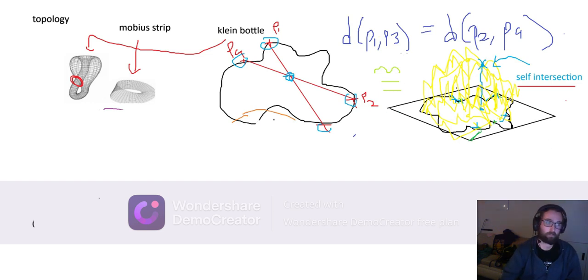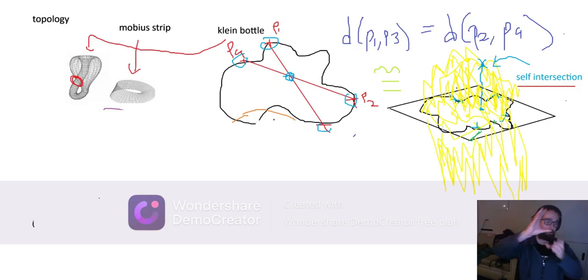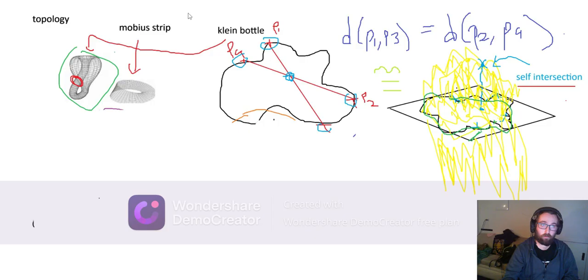So let's take this yellow shape and let's reflect it and put a negative yellow shape underneath it. I've just taken a shape and I've doubled it and put it underneath, and I've glued them together at its one big edge. So now if I do the same thing for a mobius strip, I get a Klein bottle. So this new big yellow shape that I've made is a Klein bottle.